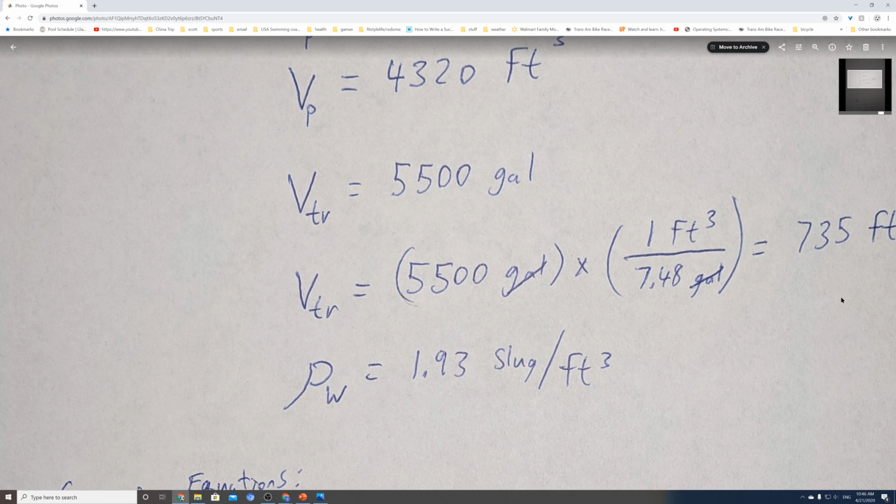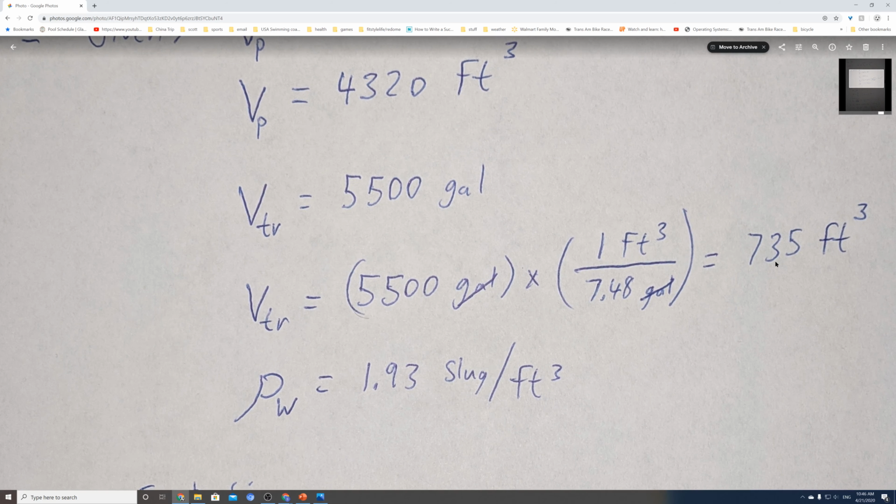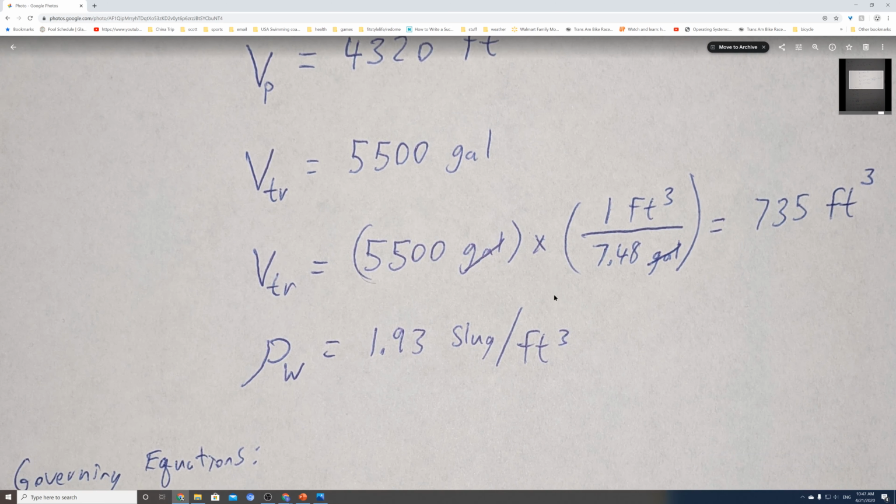You come up with the volume of the truck being 735 feet cubed. These are really the given quantities. Then we had the density of water, which is 1.93 slugs per feet cubed, also given.